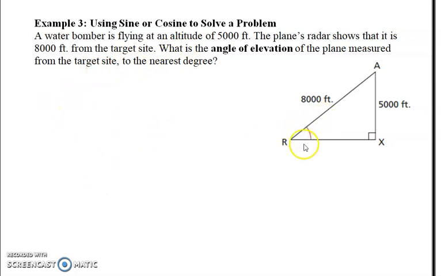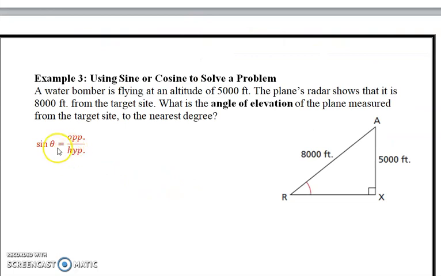All right. So if this is a reference angle or angle of elevation, if you wish, or inclination, it can be either one really. So if we label our triangle, opposite of R is 5,000 and the hypotenuse is 8,000. So you've got to think back, do I use sine, cos, or tan? Well, we know that when we have opposite over hypotenuse as a ratio, this is when we use the sine ratio.